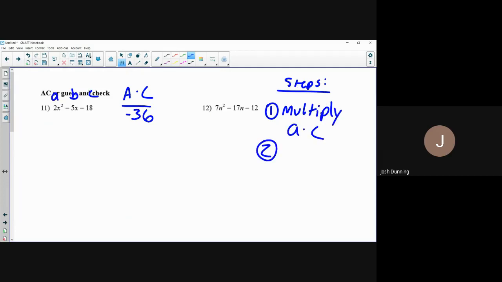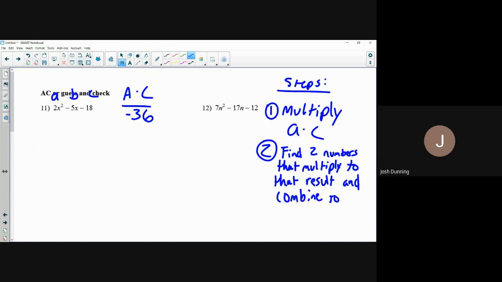Now, the second thing you want to do, and this is kind of similar to the trinomial, is find the two numbers that multiply to that result and combine to the middle, the B. For us, 9 times 4 is 36. 9 minus 4 is 5.